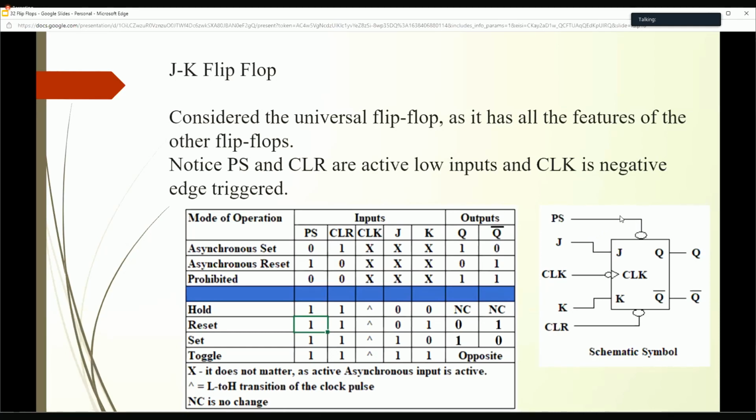So if I get a 0 on preset, a 1 on clear, not concerned about any of the other inputs. These inputs override JK, not worried about the clock. And so all of these other inputs really don't matter at that point. When I get an active preset, that's going to cause my Q to be a 1, Q naught to be a 0.